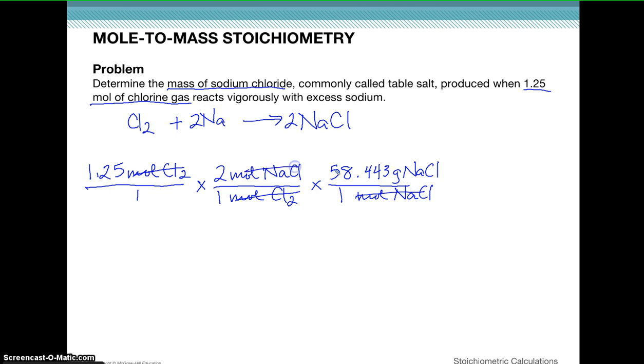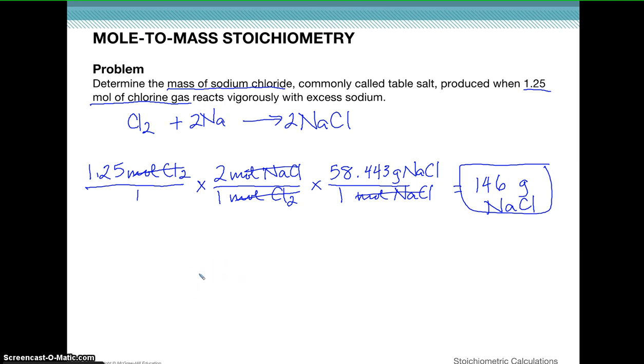So our moles are going to cancel. We have grams of NaCl. That's what we want our answer to be. If we look back at our beginning number, we have 3 sig figs. So our answer with 3 sig figs would be 146 grams of NaCl. There we go.